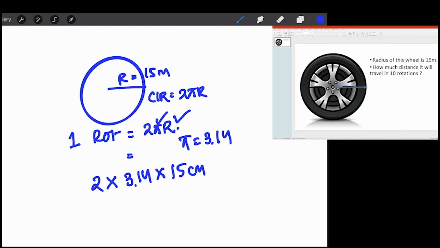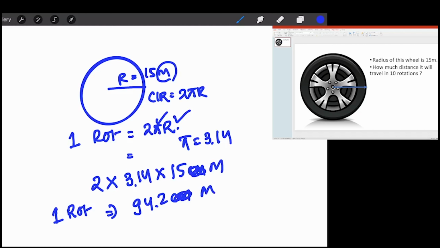Now if we solve this, we find 2 into 3.14 into 15, which is 94.2 meters. So in one rotation, the tire goes for 94.2 meters.